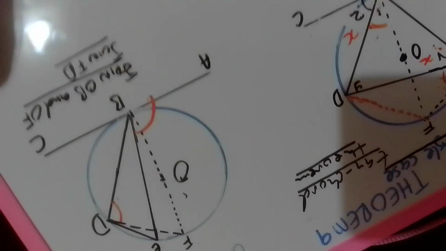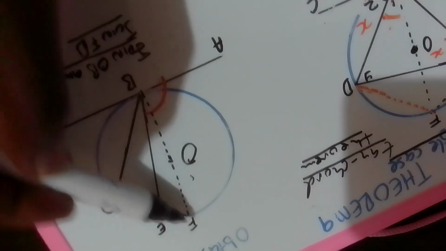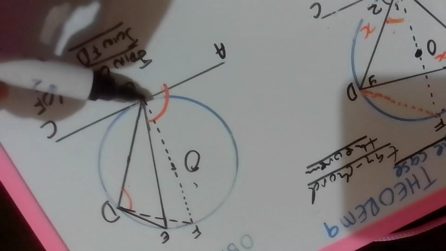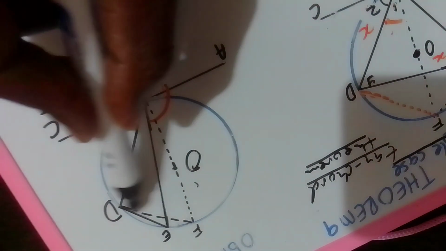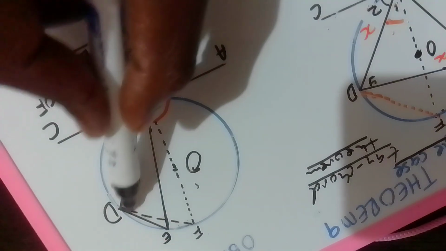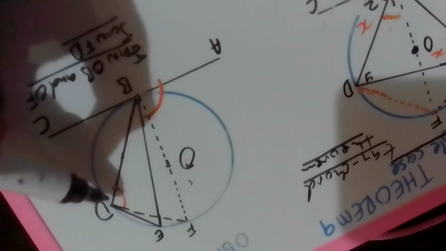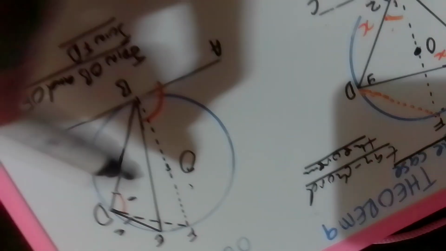Now check. FB is a diameter, and we know that if FB is a diameter, it means this end is a semicircle and also that end is a semicircle. And there is an angle now where I joined FD. This angle here, let's call it D1, and this tiny angle there, we call it D2.